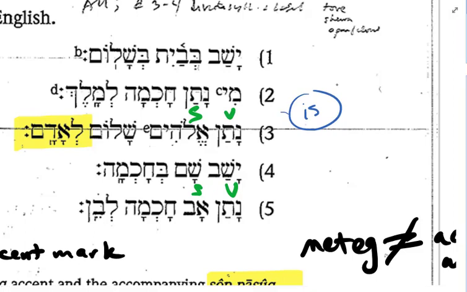If there's no verb here, then you want to ask yourself, is it possibly the case that one of these is really a verb and not a name? And since nathan is a new vocabulary word, you might expect him to use it in the exercise, right? So if that's the verb, then it's God gave. God gave shalom. God gave peace. And the le is telling you who he gave peace to, right?